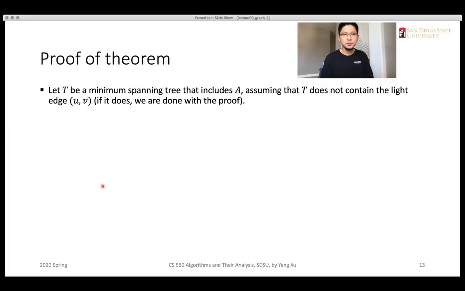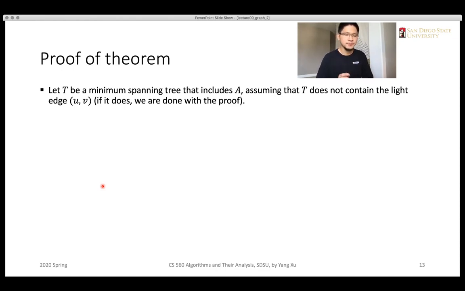In order to prove the theorem, we will first let T be some minimum spanning tree that includes A. So let T be one example of the resulting MST that we want. And we assume that this minimum spanning tree T does not contain the light edge from U to V, because if it does include UV, then we are done with the proof.